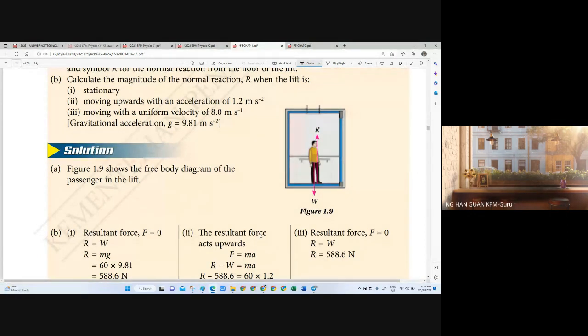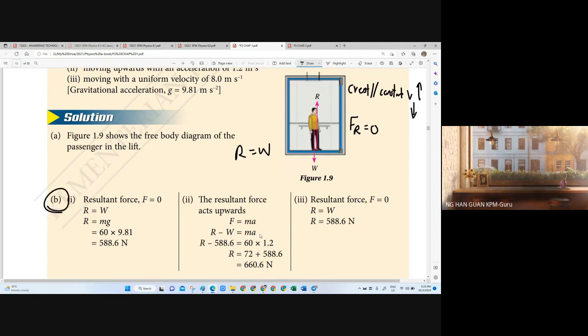If the lift is at rest or moving up and down with a constant velocity, it means the resultant force for the whole system equals 0. So in that case, R equals W, just like question B. So when R equals W, the R will show the result for mg.